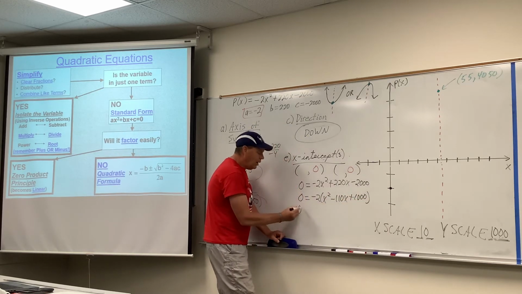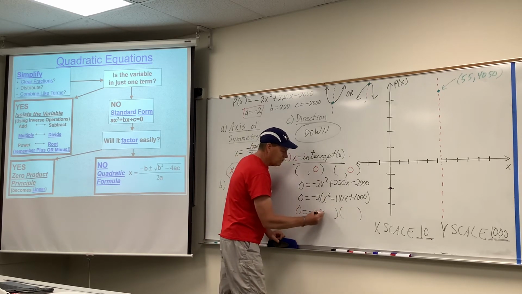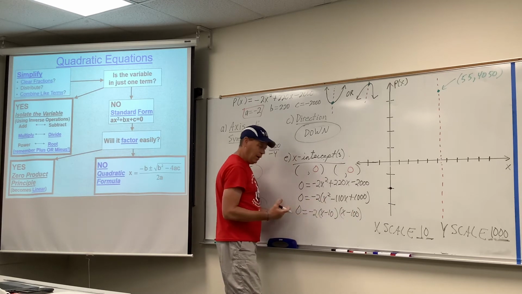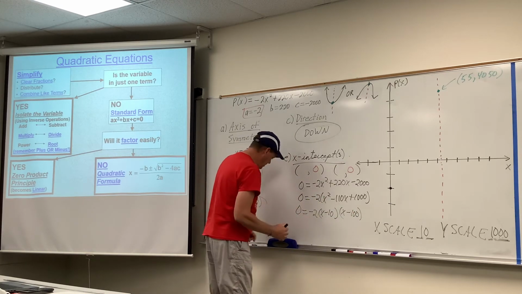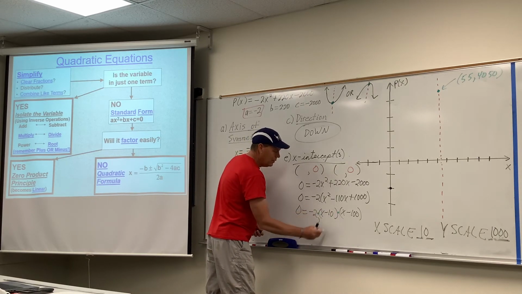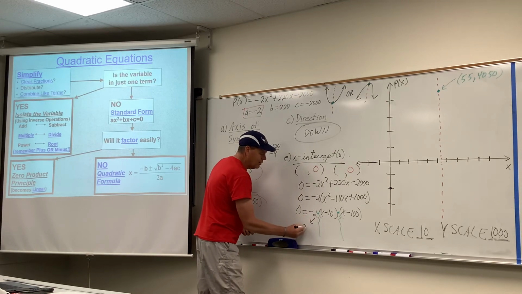And then, oh look! Wouldn't that factor as x minus 10 and x minus 100? And then if we set each of these equal to 0, now remember that negative 2 equals 0 leads to nothing, don't worry about it.